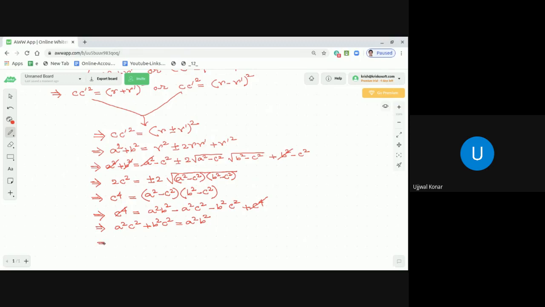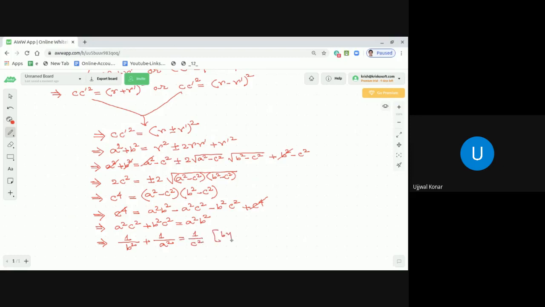Now what we are going to do? We are going to divide both sides by a square b square c square. So then what we are going to get? 1 by b square plus 1 by a square is equal to 1 by c square.